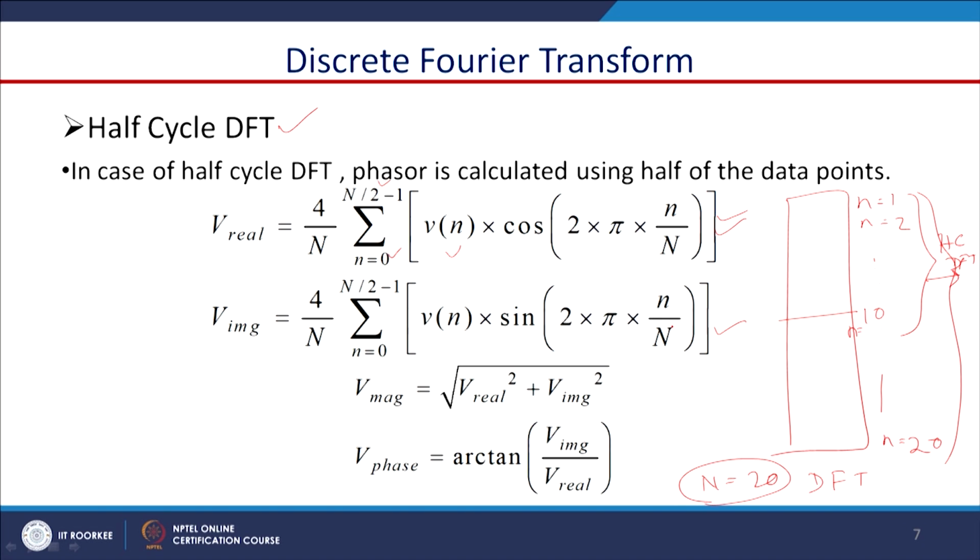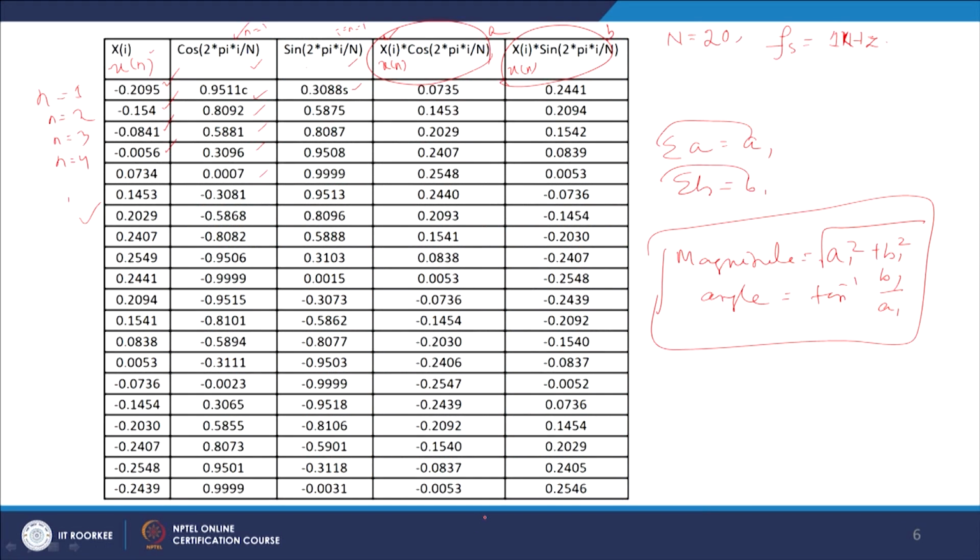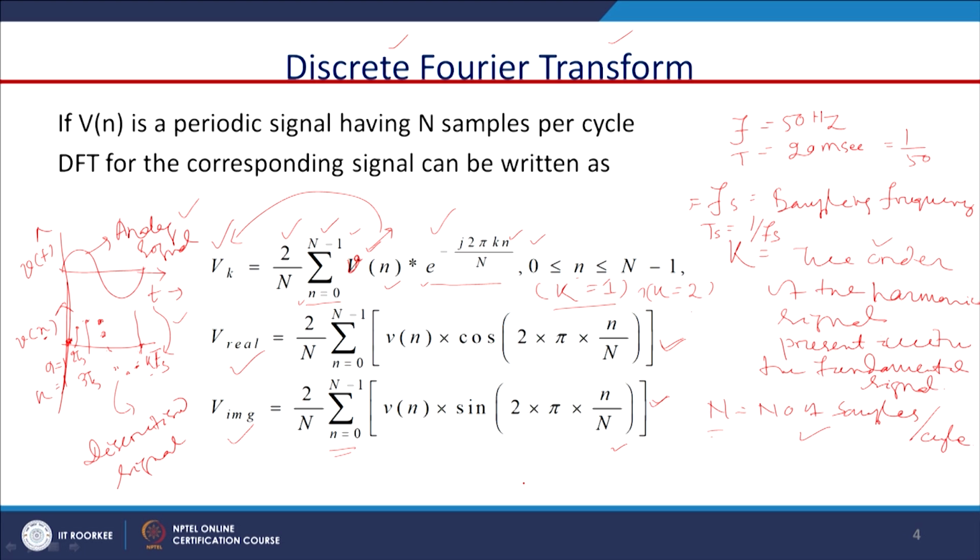There is no change in N. It does not mean that we will take N by 2 in place of N. No, this N stands for the number of samples per cycle, so it is not required to change it here. The magnitude and phase formula is the same as we previously did for the DFT. You can see here, in case of DFT, we have taken the same.